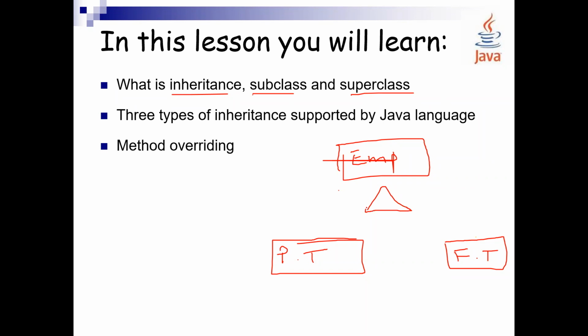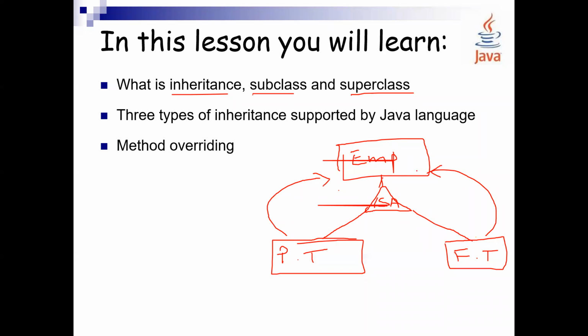If you remember, you discussed a relationship called "is A." People used to read it as ISA. So which means what? Is A is a relationship. So this part-time guy is an employee. This full-time guy is also an employee.